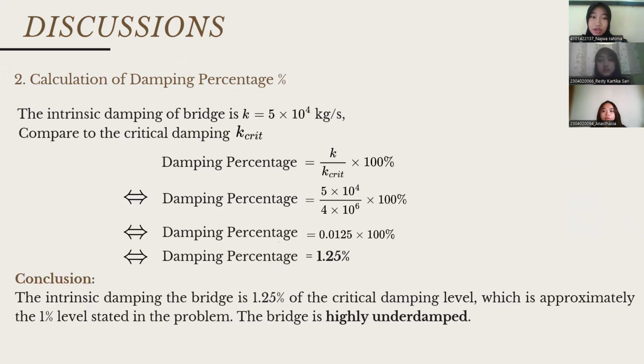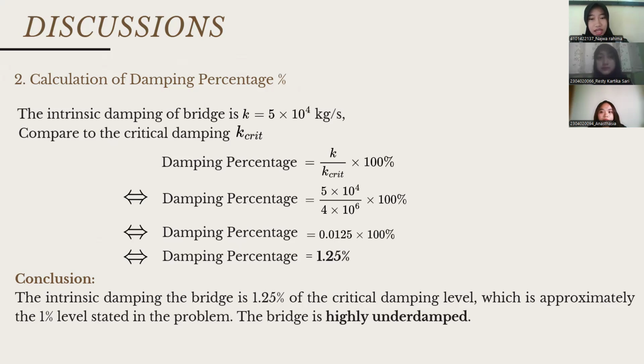And second, we need to calculate the damping percentage. The intrinsic damping is K equal to 5 times 10 to the power 4 kilogram per second. We compare it to the critical damping, then the damping percentage is equal to K over K critical times 100%.